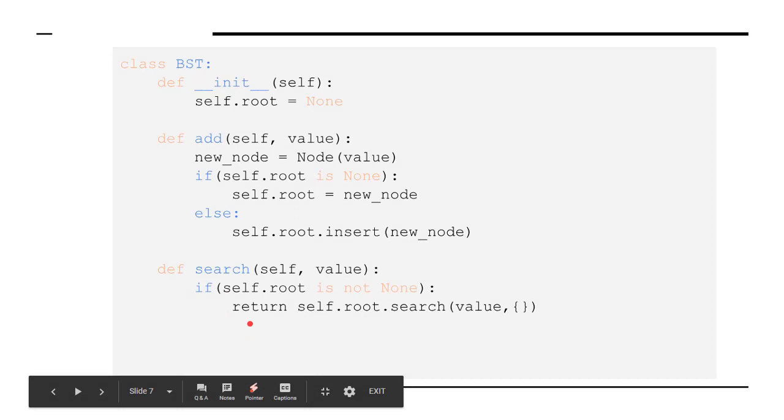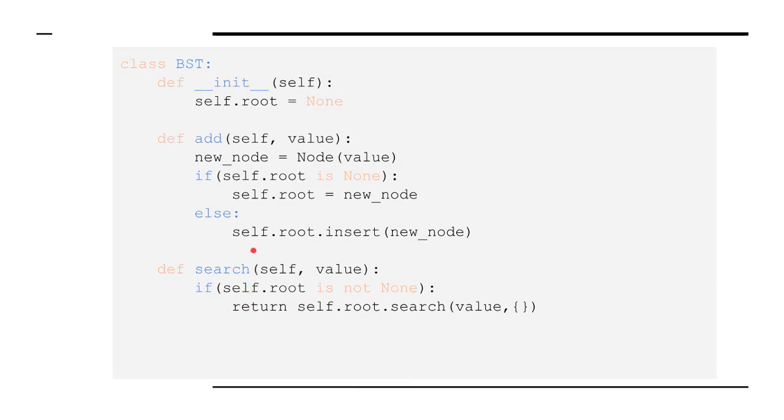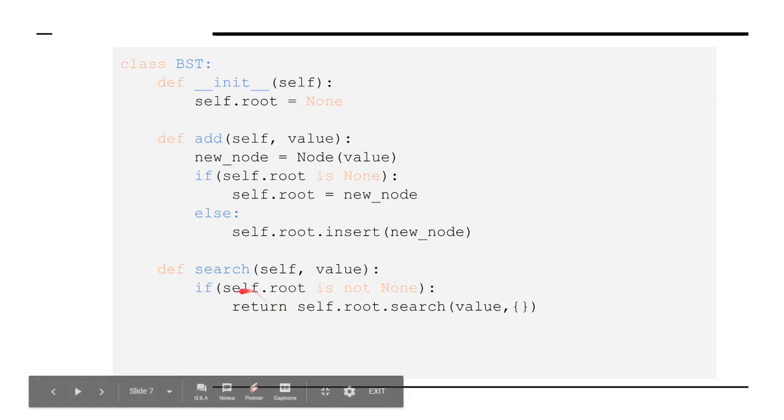So here in this slide, I have written a class for a binary search tree. This class uses the node class to construct a tree, and this method is simply calling the methods of the node class, and same with this method.